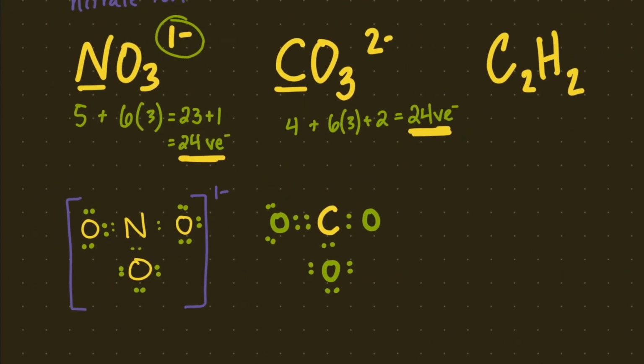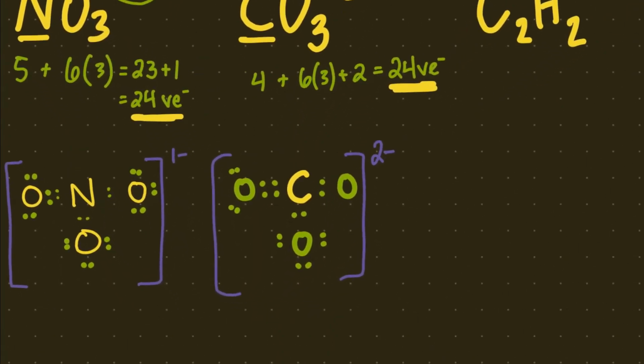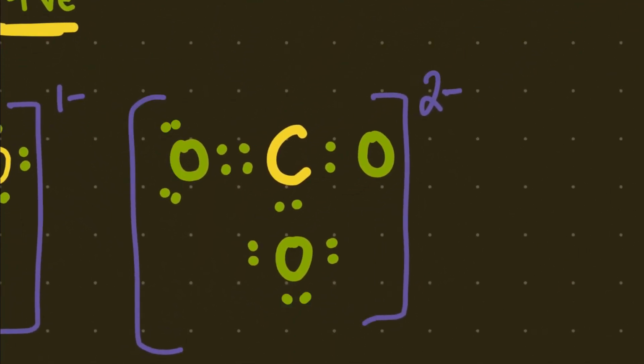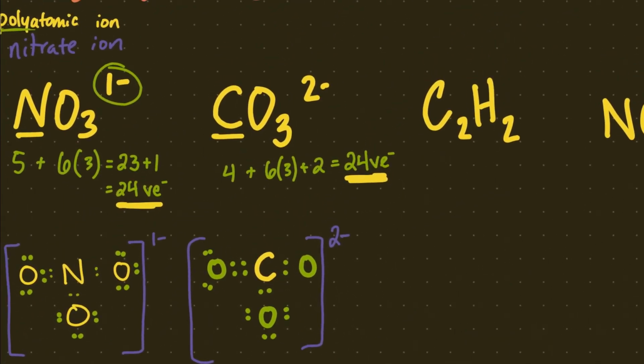I'm not even going to spend any more time on that. This time, though, we do need to put the brackets, and we need to say 2-. Some people will write the minus sign first. If you're writing -2 instead of 2-, I don't really care that much. And this is a carbonate ion.